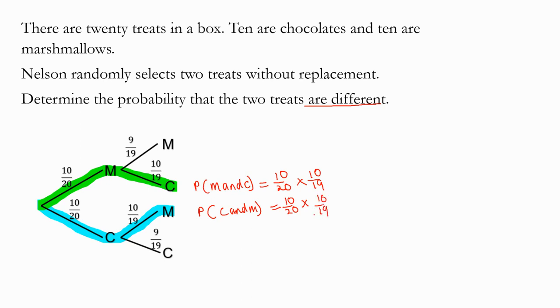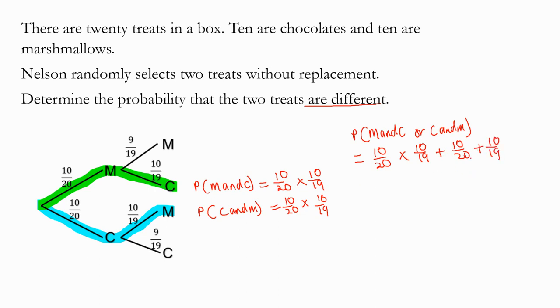Now, what do we need to do to find the probability of marshmallow and chocolate, or chocolate and marshmallow? We are going to add these two probabilities: 10 over 20 times 10 over 19 plus 10 over 20 times 10 over 19.